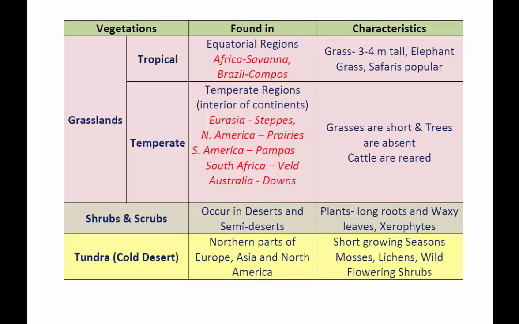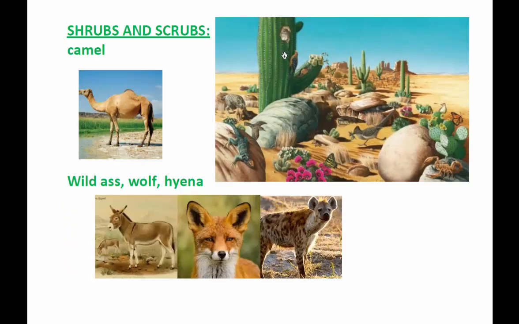Another one is shrubs and scrubs. Their plants have long roots, and they have waxy leaves. Most of the plants include xerophytes like cactus and all. You can see it from here, xerophytes. Okay, so camel is supposed to be one of the most important animals.